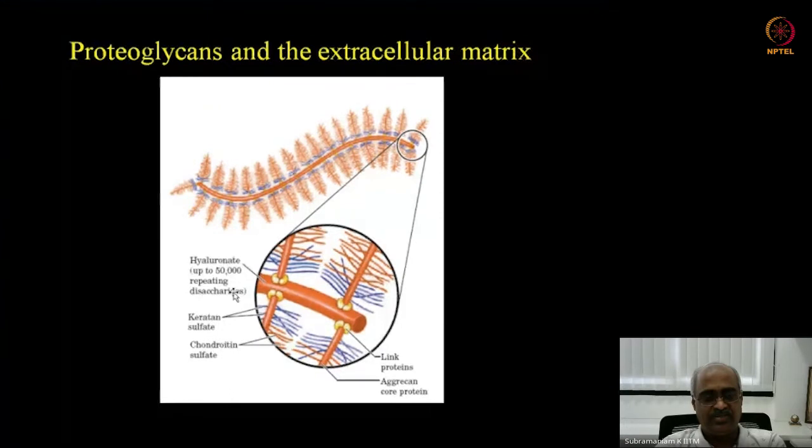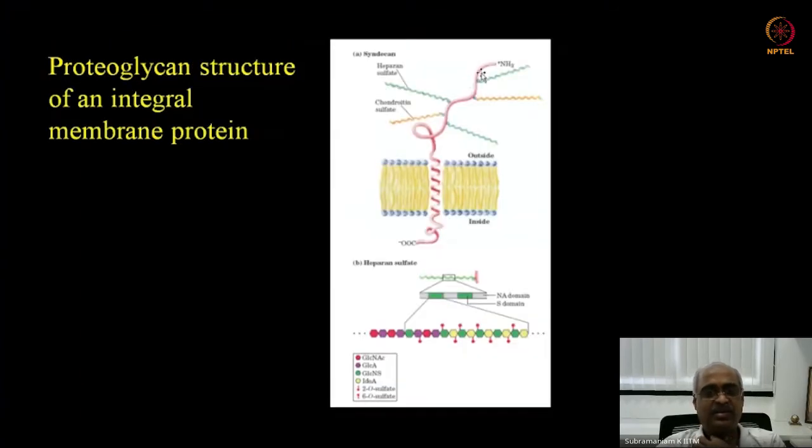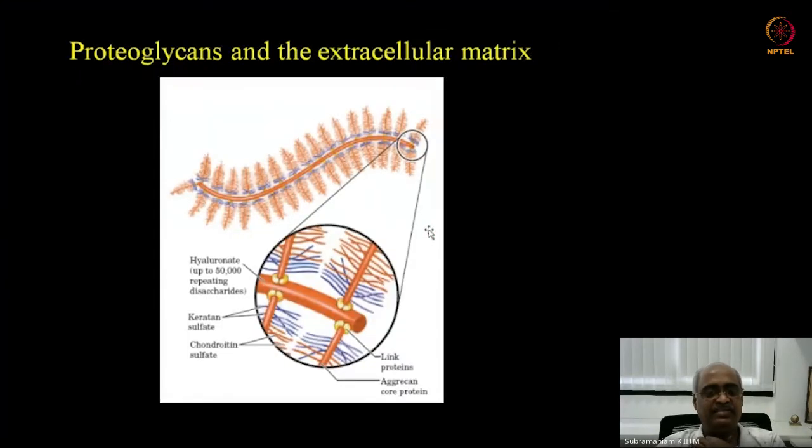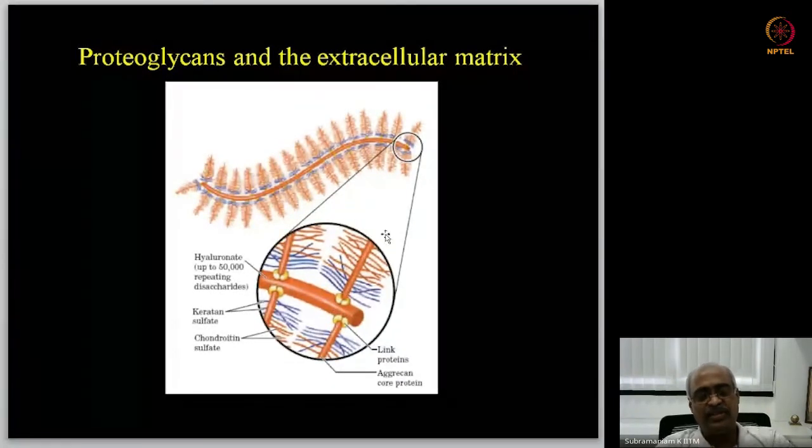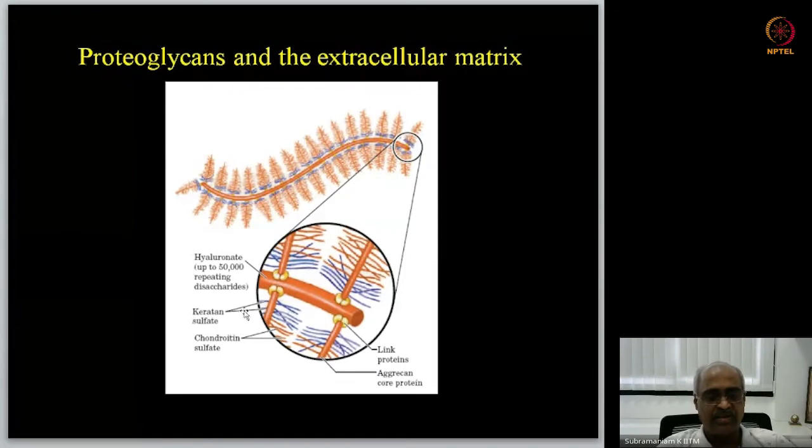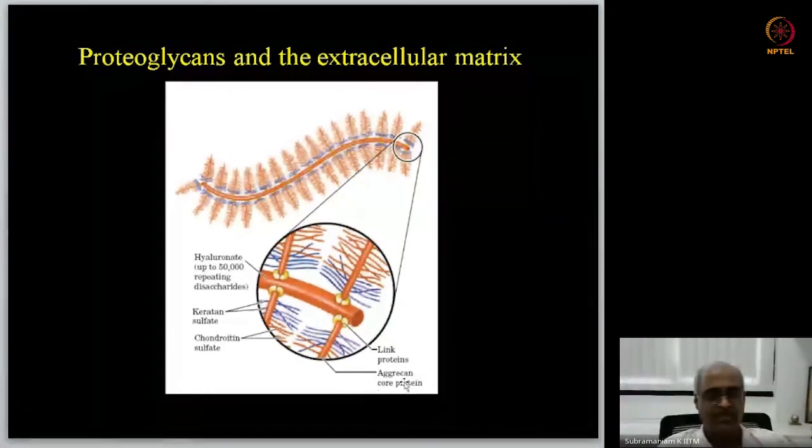Remember, we have seen that structure just a couple of slides ago. And to them, you may have core proteins attached. And these core proteins, unlike the earlier one we saw, are smaller molecules, not very big. Whereas this particular core protein is very large and it's called aggrecan, written here, aggrecan.